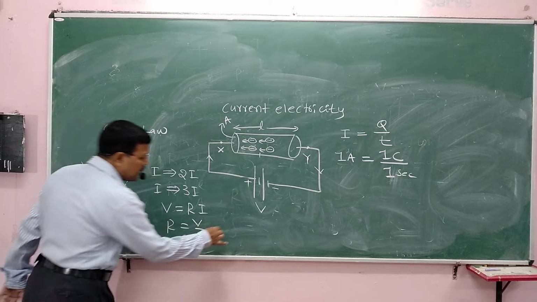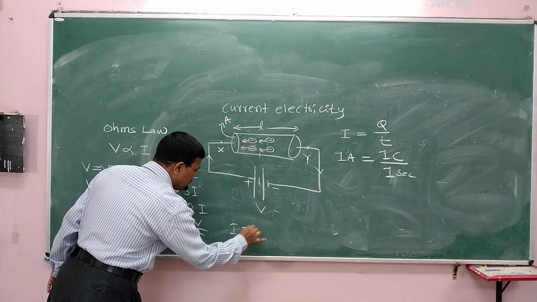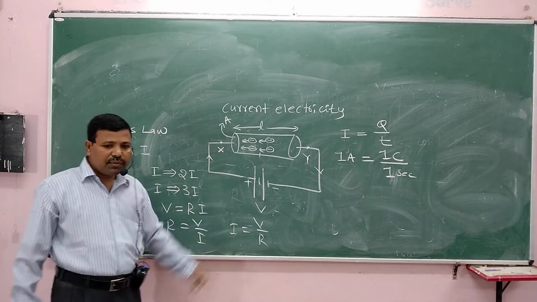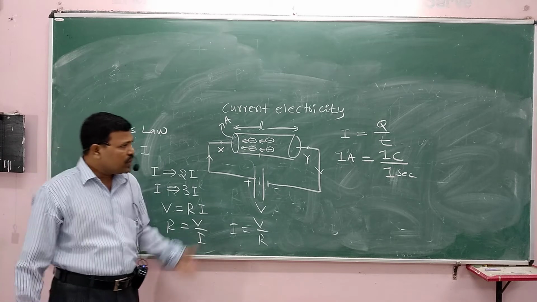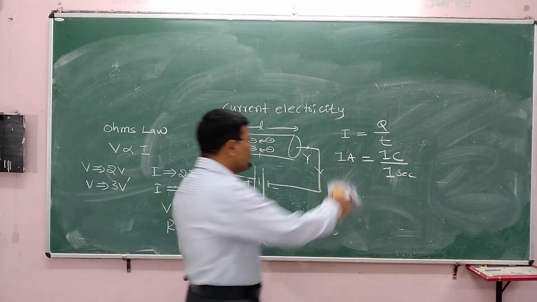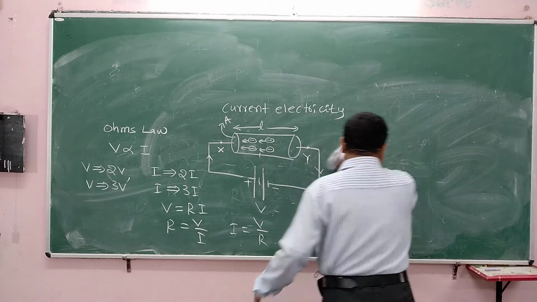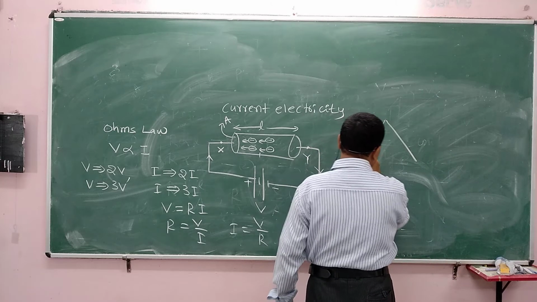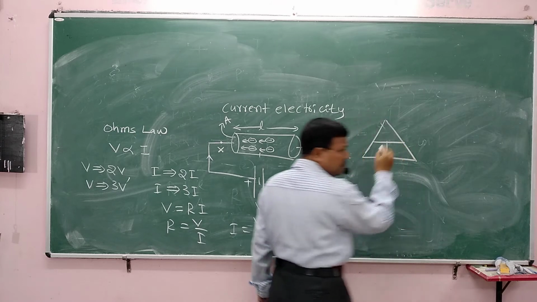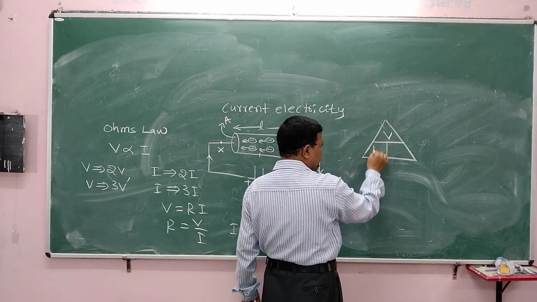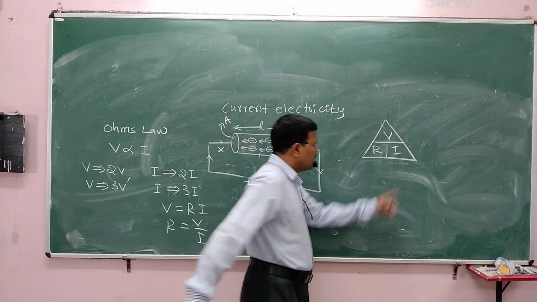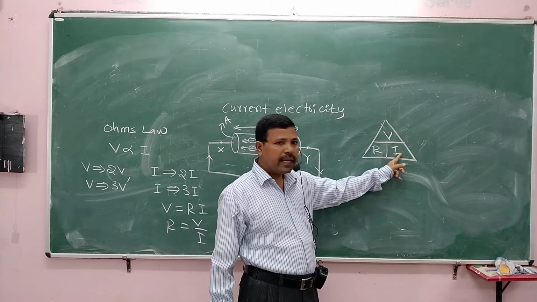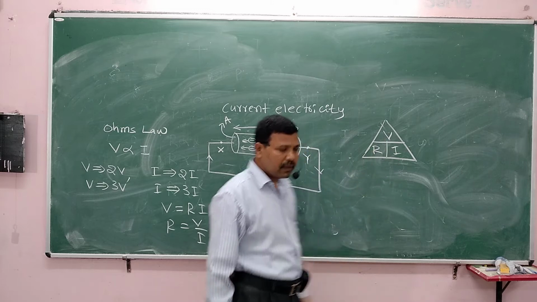We can also write I is equal to V upon R. These are three different forms of Ohm's law which can be easily remembered by using this technique, that is a triangular technique. Here is V, here is R, here is I. So V is equal to RI, R is equal to V by I, I is equal to V by R.